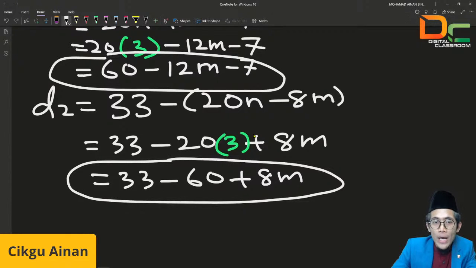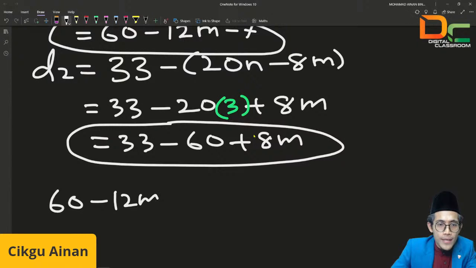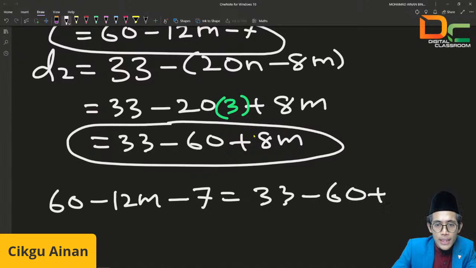So D1 must be equal to D2 because dah cakap arithmetic sequence. So 60 minus 12m minus 7 equals 33 minus 60 plus 8m.